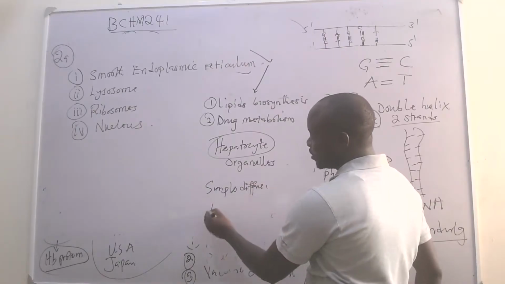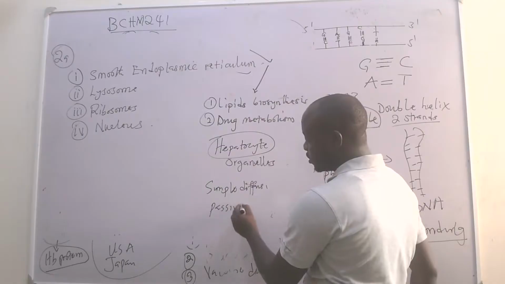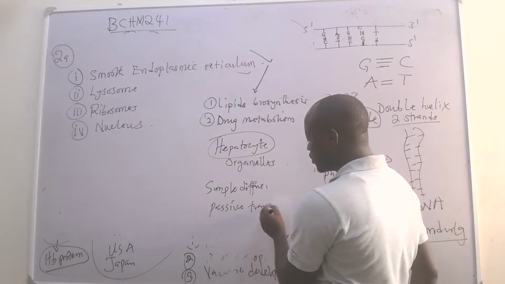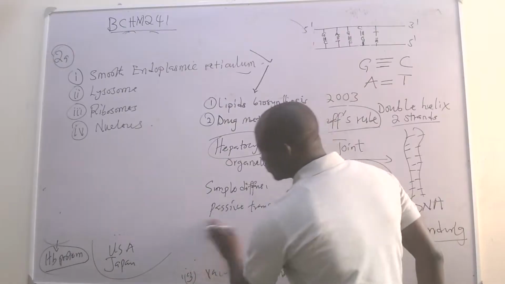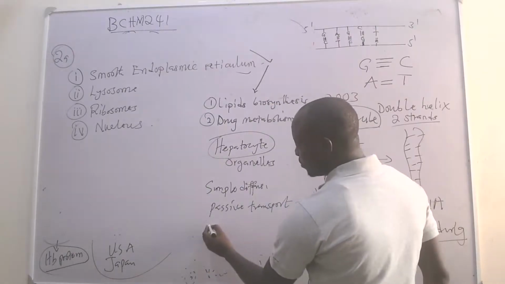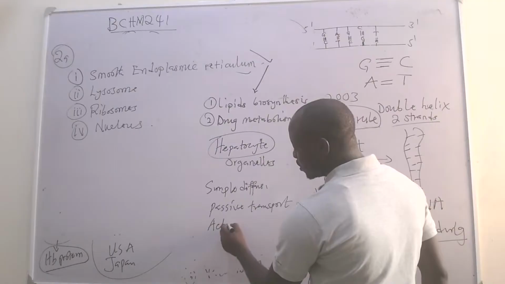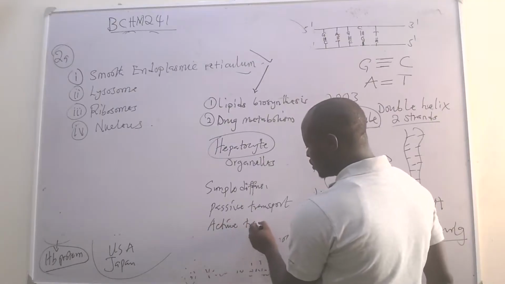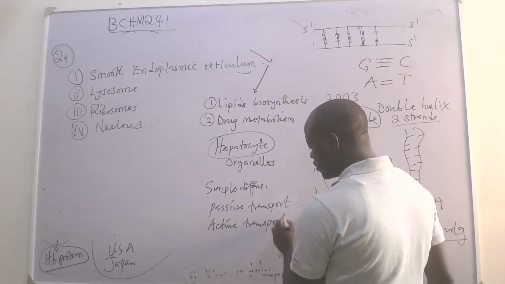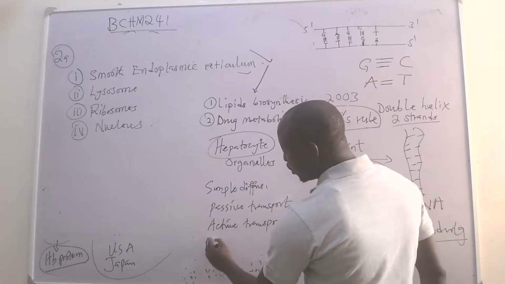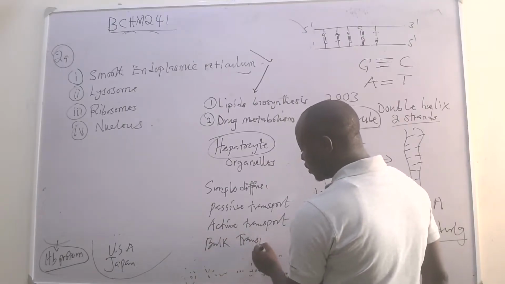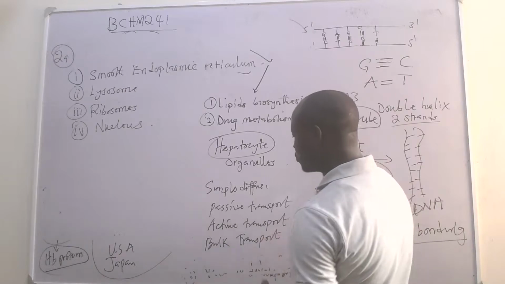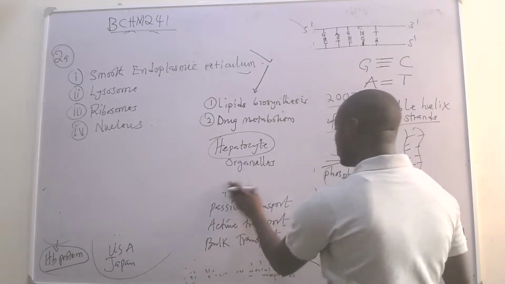And then we have active transport. And then number 3, we have bulk transport. These are different types of transportation of material across the cell membrane.